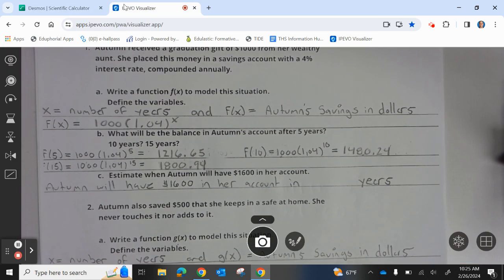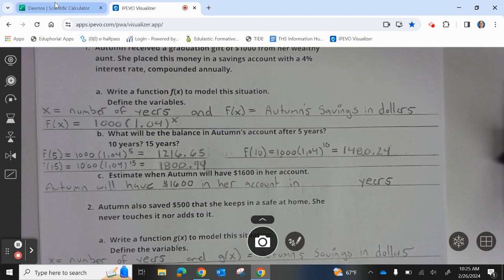All right. So 5 years is $1,216.65. 10 years is $1,480.24. And 15 years would be $1,800.94. C, estimate when Autumn will have $1,600 in her account.